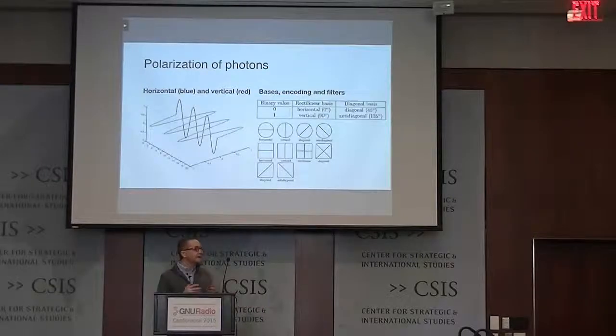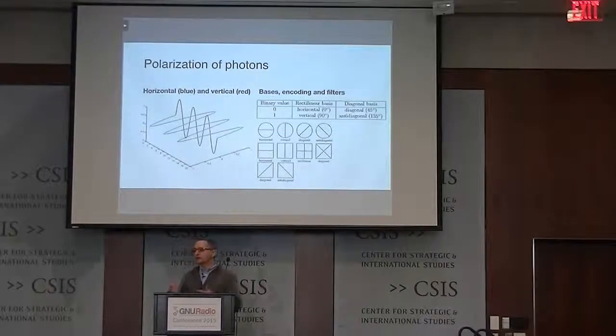This is called the polarization of the photon, and we encode the information according to the polarization. There are two common bases that are used to encode information. They are represented in the table on the right. So we have two binary values, 0 and 1.